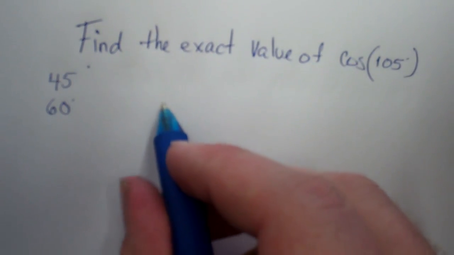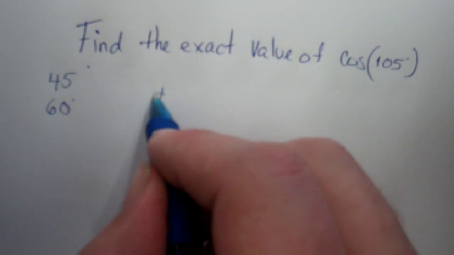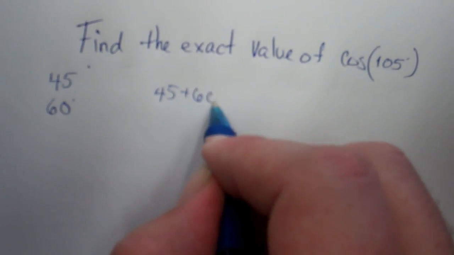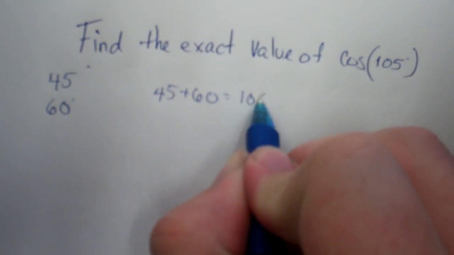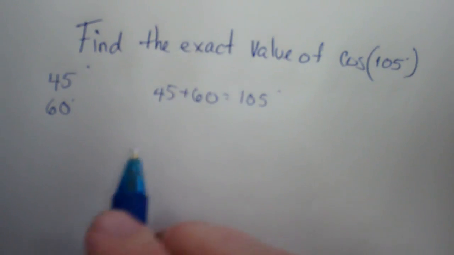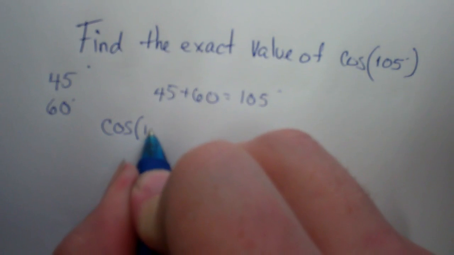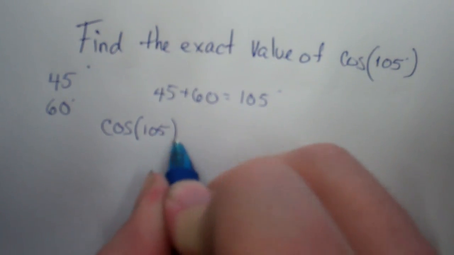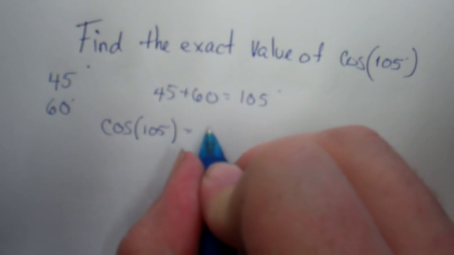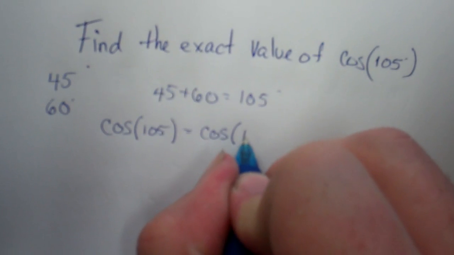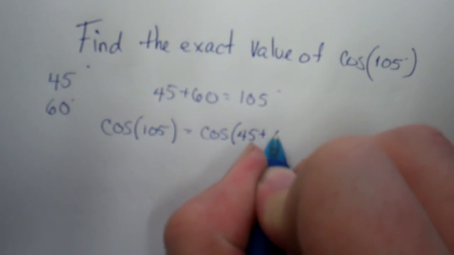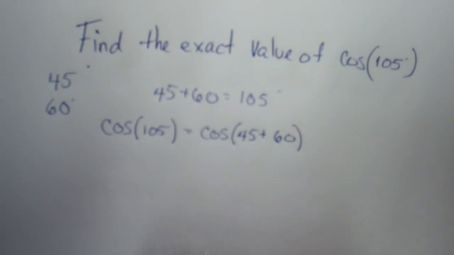And I'd like you to notice that 45 plus 60 is equal to 105, which means that if I want to find the exact value of the cosine of 105, I could find the cosine of 45 plus 60.